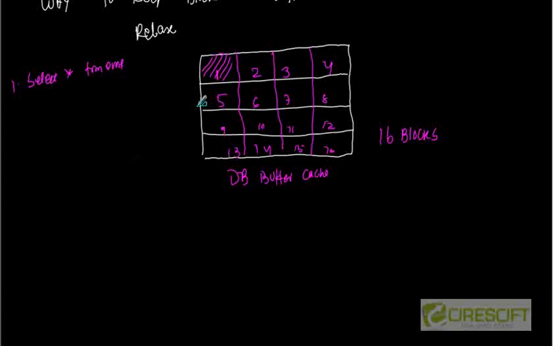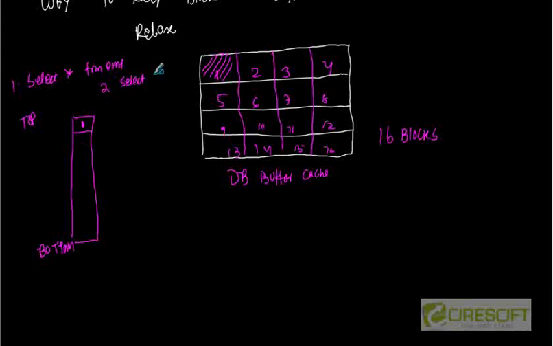Now I'm going to maintain a list, and the list has two ends: this is the top and this is the bottom. In this list I'm going to maintain the address of this area. Since I have occupied block 1, I'll say that 1 is at the topmost. Then let's say I do select star from department.